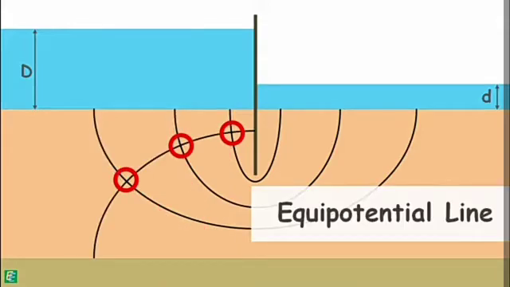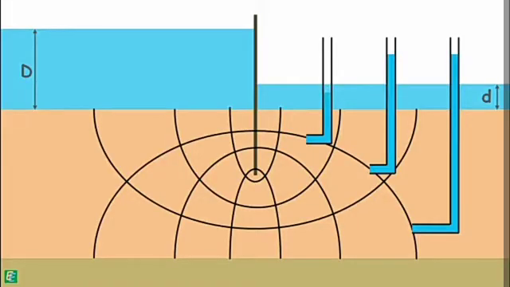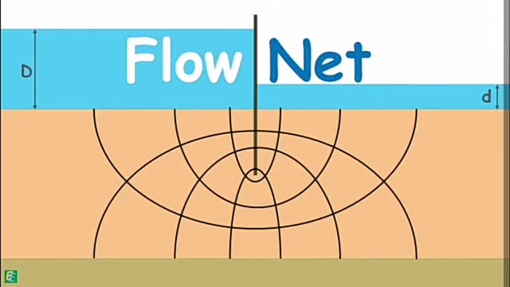Joining these points together forms equipotential lines. Flow lines can be observed and many such equipotential lines can be drawn. If you insert piezometers at different points along an equipotential line, you will notice the water rises to the same level. This gives you the flow net.